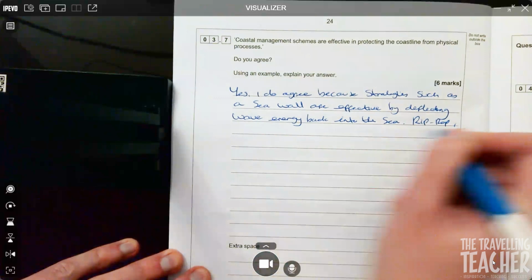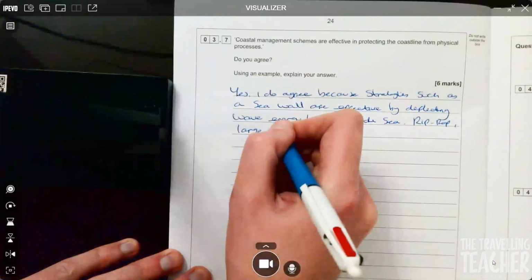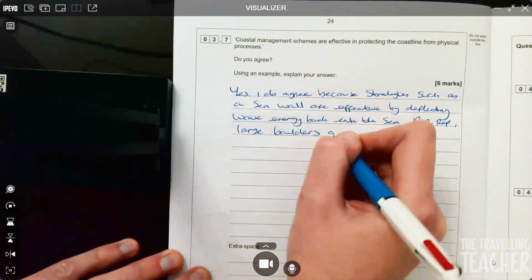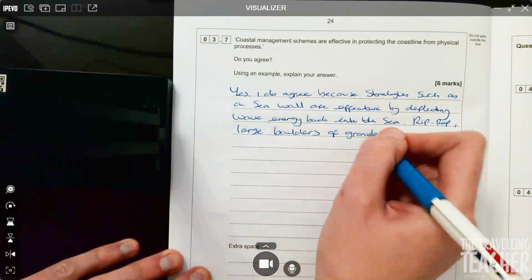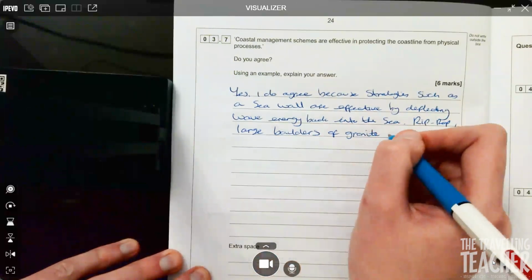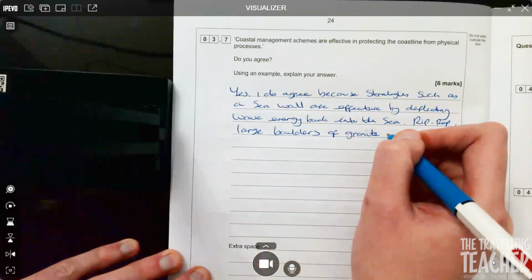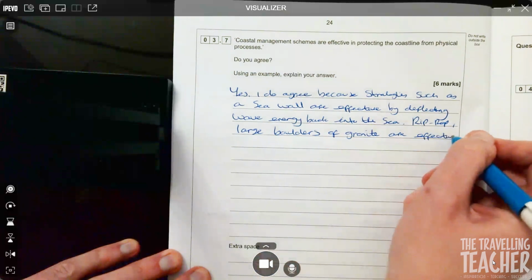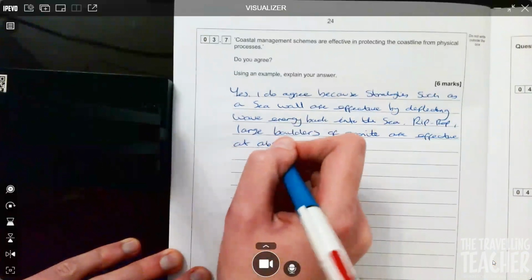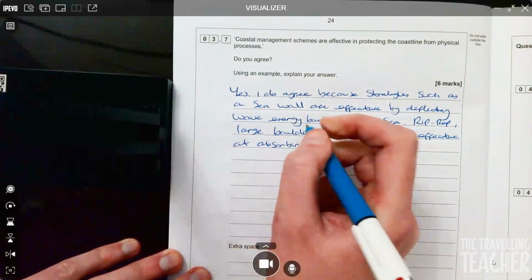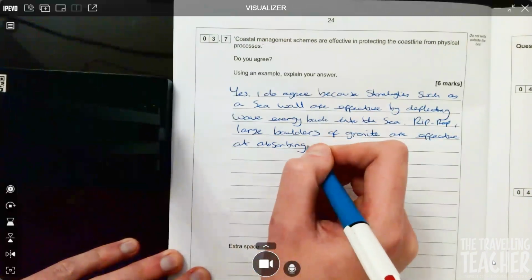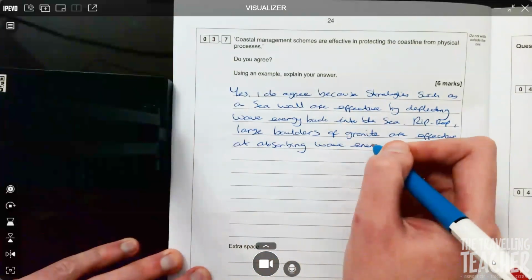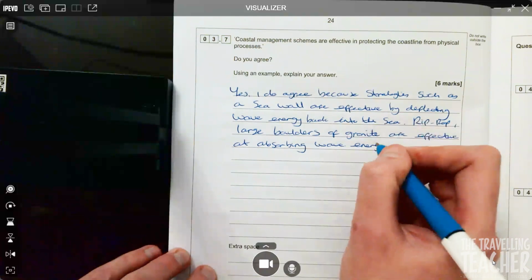Riprap, large boulders of granite are effective at absorbing wave energy. Full stop.